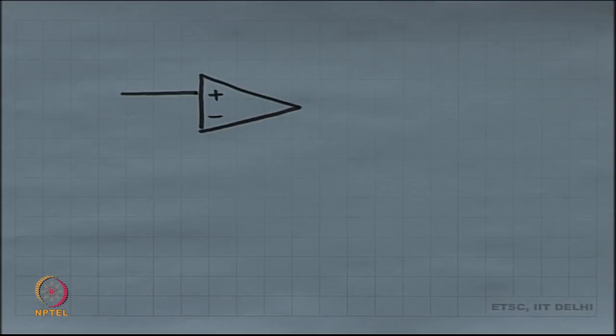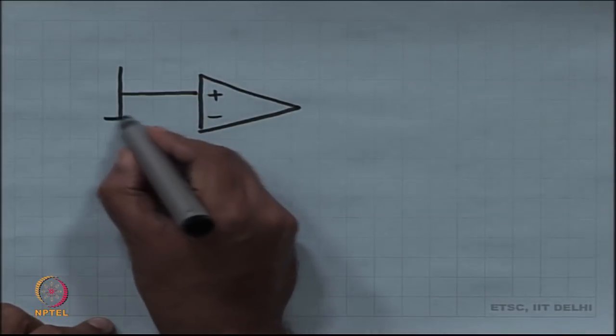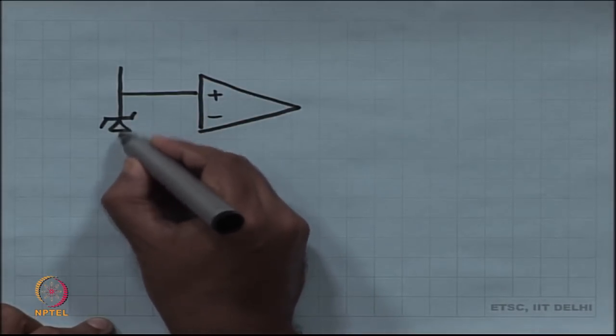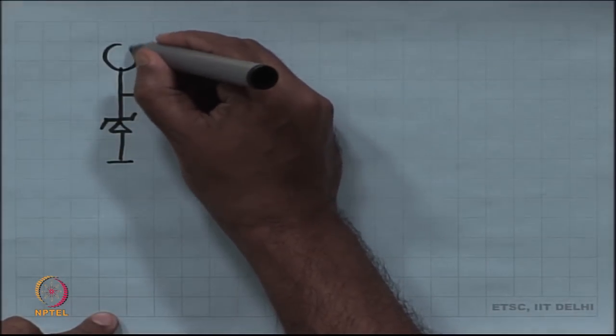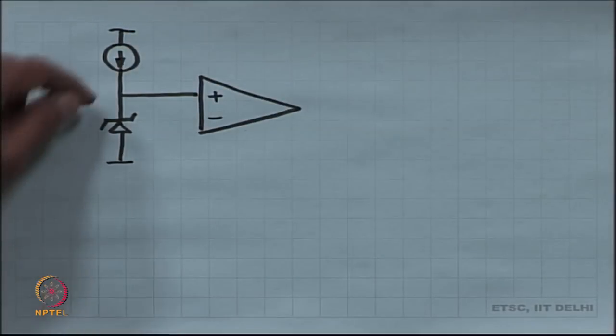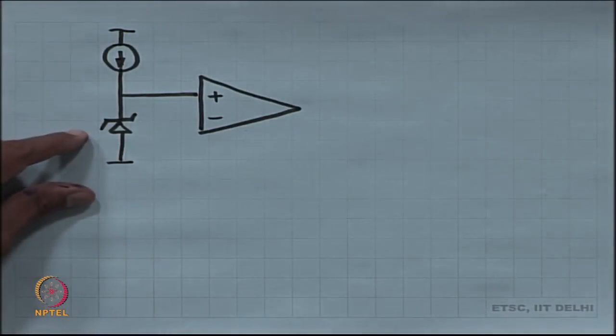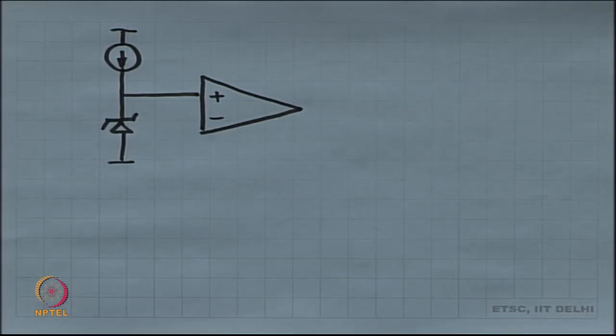Zener diode. Have you heard of a Zener diode? The symbol is like this. The Zener diode has a fixed breakdown voltage. So, if I push current through a Zener diode, then the voltage that it creates is a constant voltage.